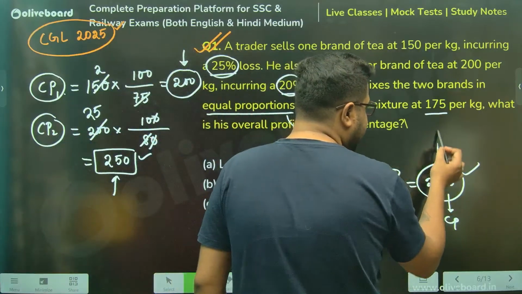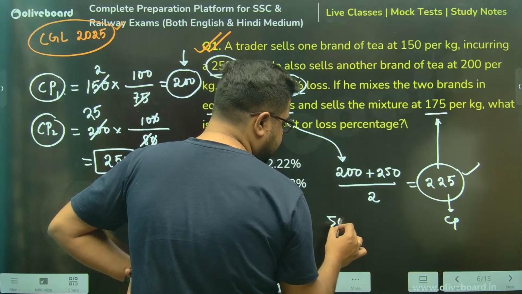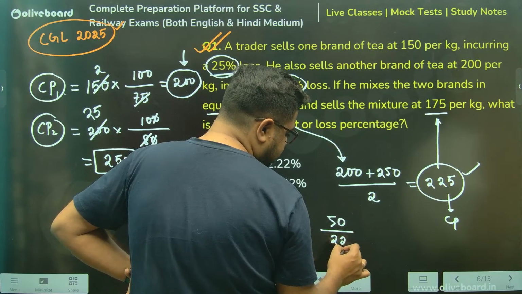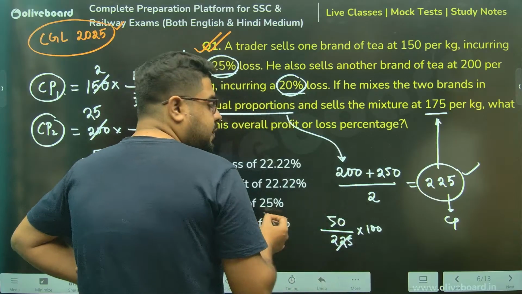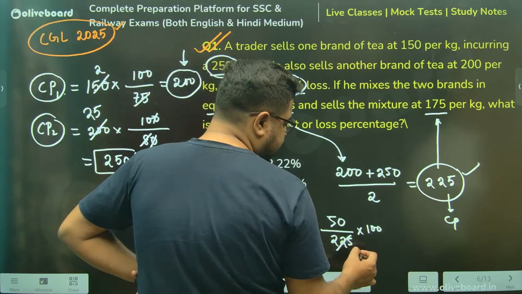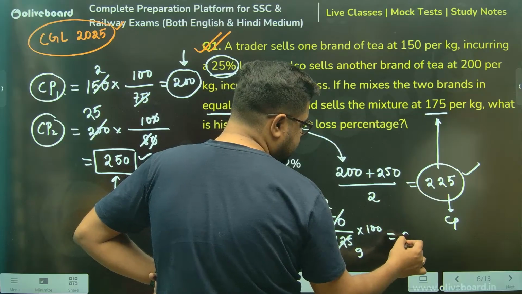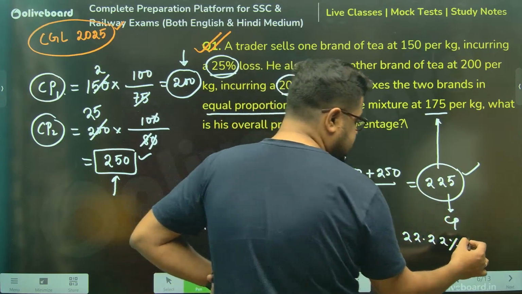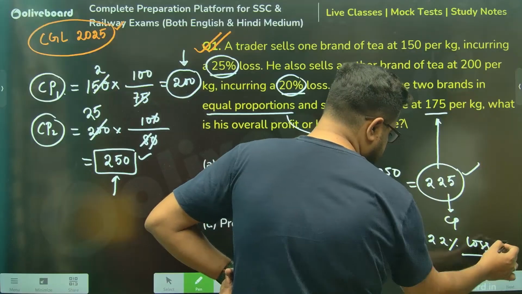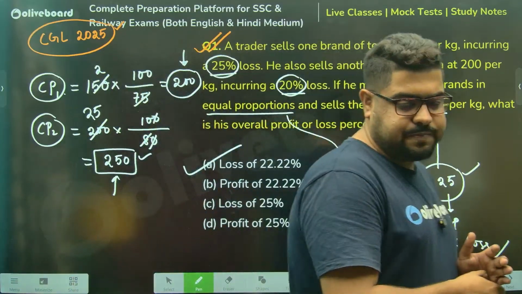But he is selling it for 175. So he is making a loss of 50 rupees out of CP of 225, into 100. Calculating, 25 nines are 225, 25 twos are 50, so 200 by 9, which will be 22.22%. But this is loss, not profit. So 22.22% loss, option A is your correct answer.